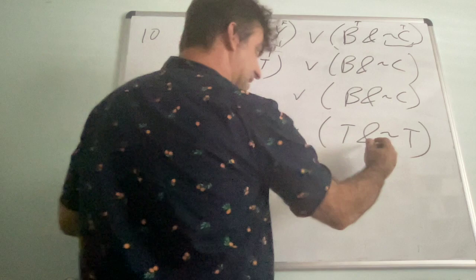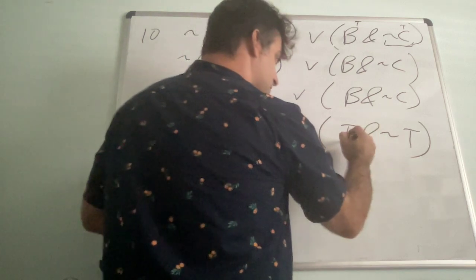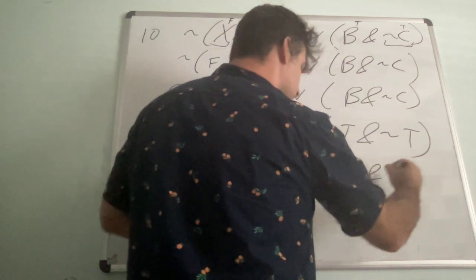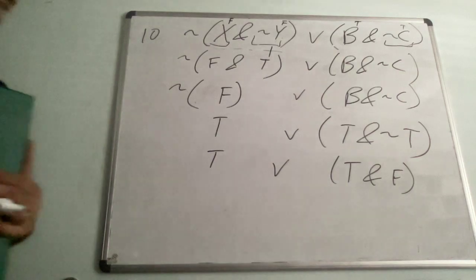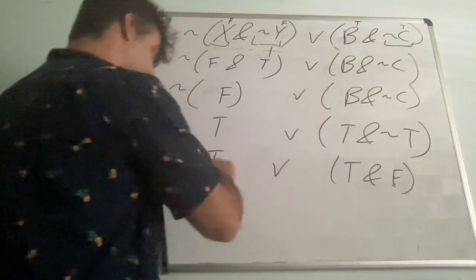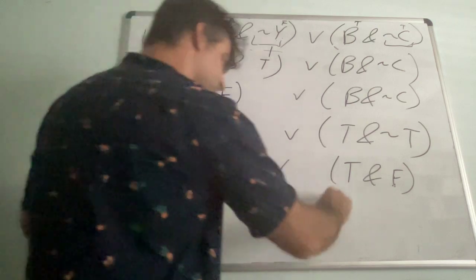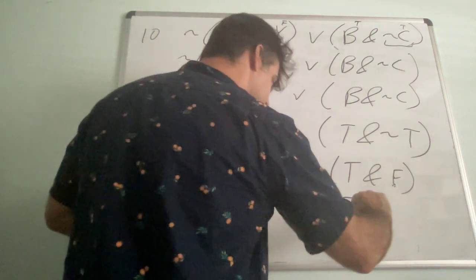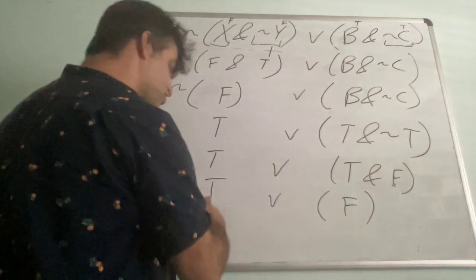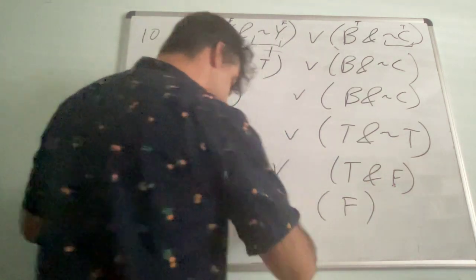We have to deal with this and statement. Not true is false. Not C is false in this scenario. True and false equals false. So here we have true or false, which is a true statement.